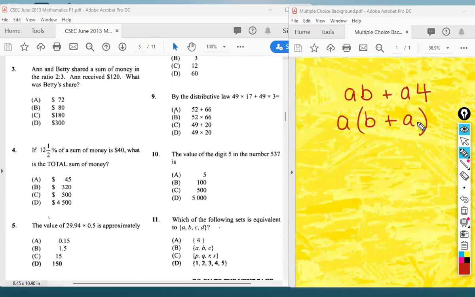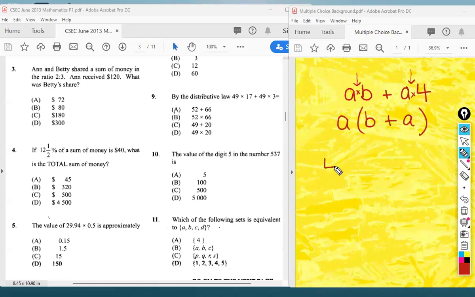Let's apply the same concept to over here. Now, you notice I did not write the multiply between the A and the B, and I didn't write the multiply between the A and the 4. Now, don't get me wrong, I could write it, but most people just tend to leave it out.